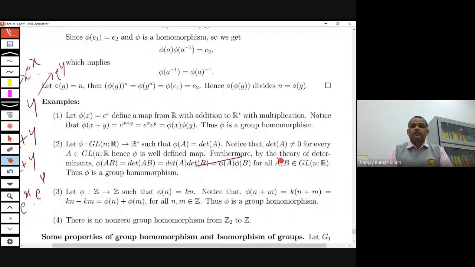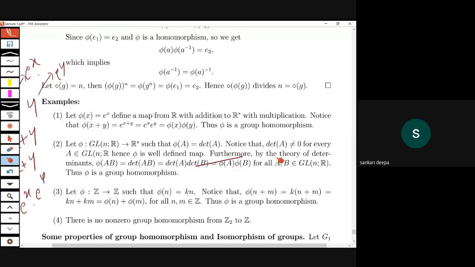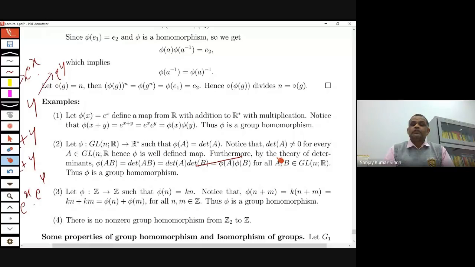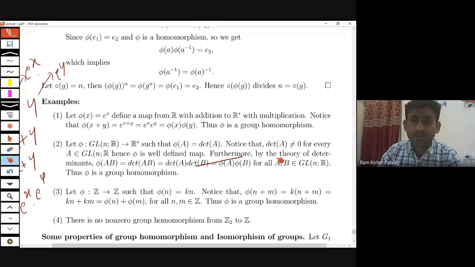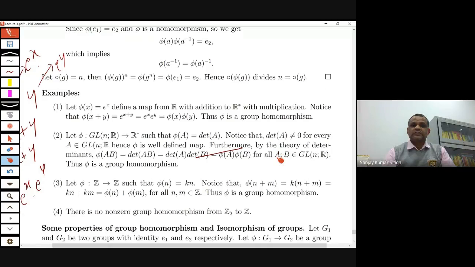So your question is about R plus to R star. Here, this is a group homomorphism from R to R star. So this example is actually a map from R to R star.